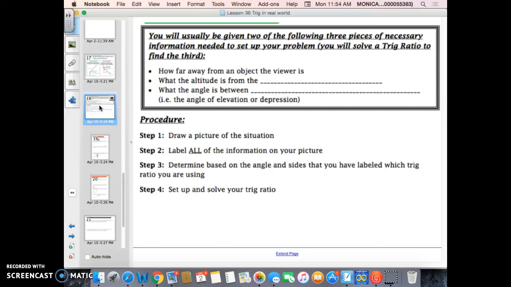So you want to know the altitude and what the angle of elevation or depression is. So you'll usually be given two of the three pieces of information: how far away from the object the viewer is, what the altitude is from the object, and what the angle is between.